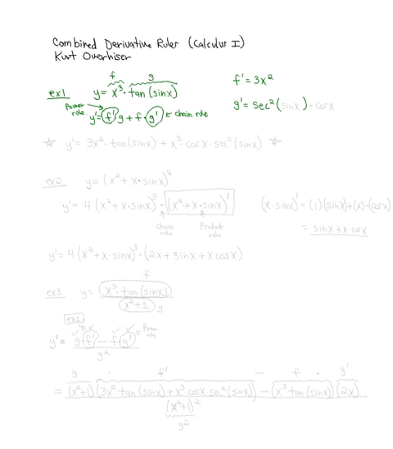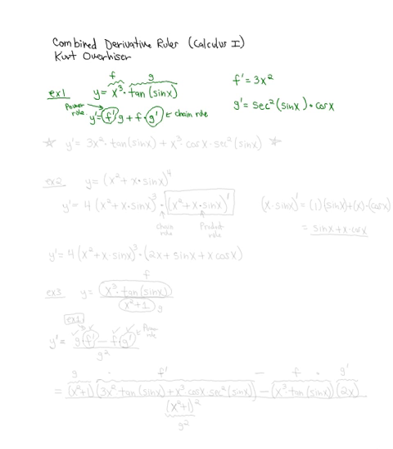And then what are we taking the secant squared of? It's the same thing that we're taking the tangent of, namely the sine of x. And then the chain rule says we multiply by the derivative of the inside. The derivative of sine is cosine.